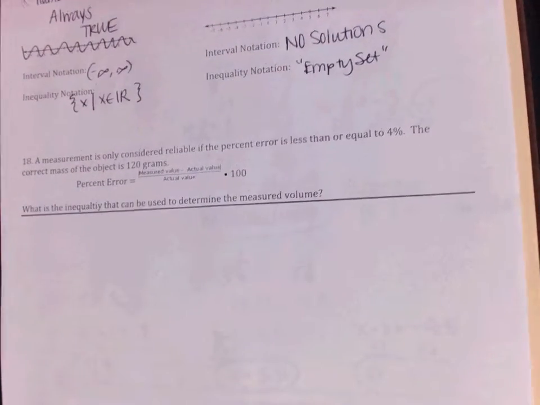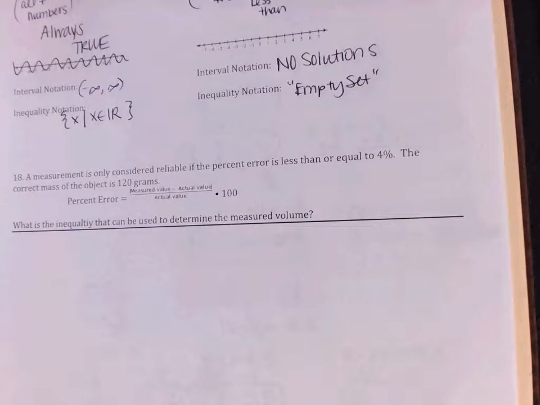Okay, it says a measurement is only considered reliable if the percent error is less than or equal to 4%. So then it says the correct mass again is 120. So let's think about, for this part, my measured value I don't know. I'm going to put an x in. What's my actual value?